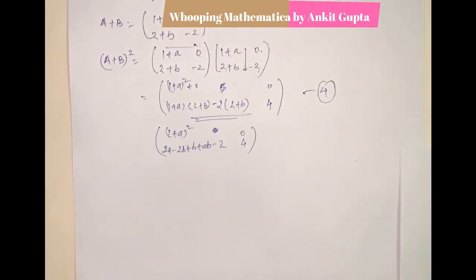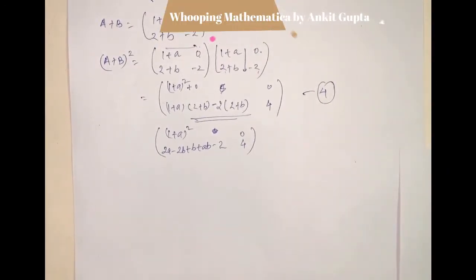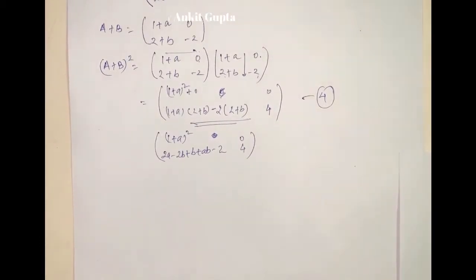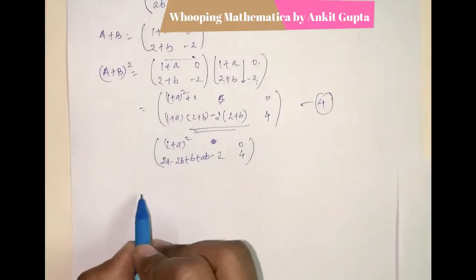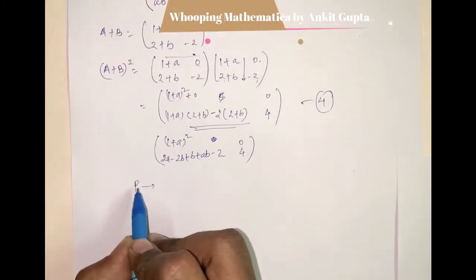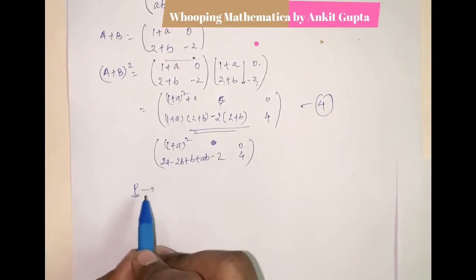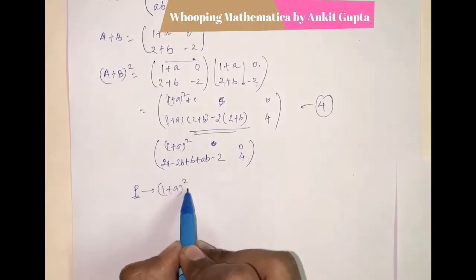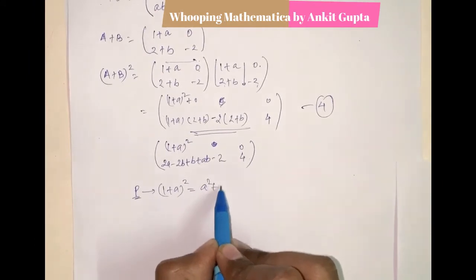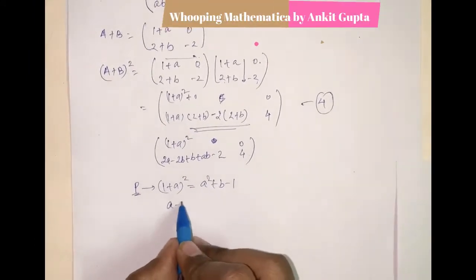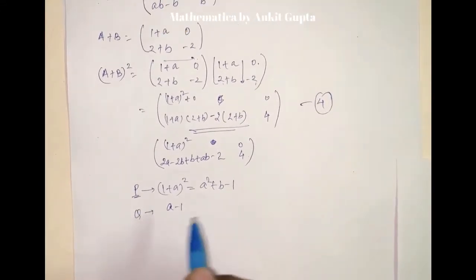Now if we compare A square plus B square with (A plus B) whole square, we are going to get, first thing, say this is P, (1 plus a) whole square is equal to a square plus b minus 1. Then we are going to get a minus 1, say this is Q, is 0.